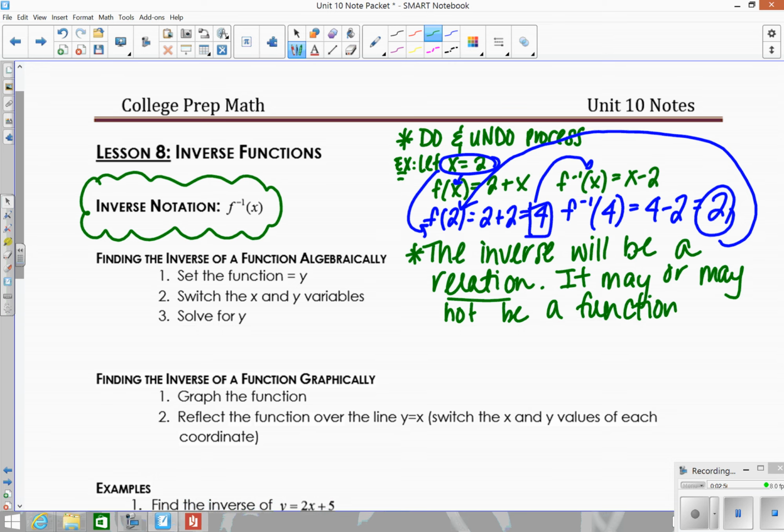In which case, if it's not a function, you can't use this inverse function notation. You would simply have to use y equals so that it's known that it's a relation. So that's the difference here.